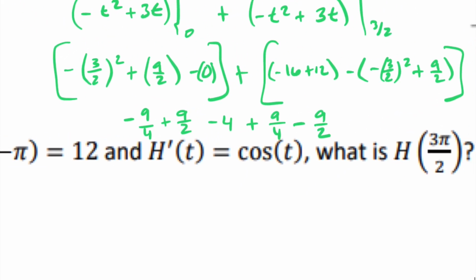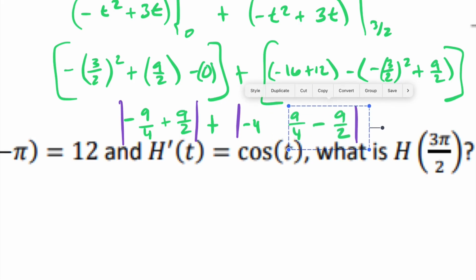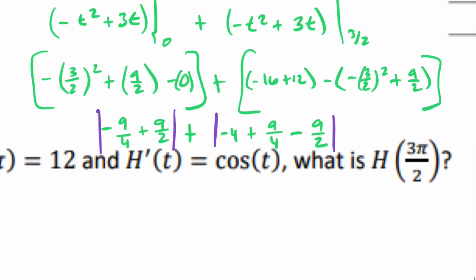But we want to make sure that whatever value this is, we take the absolute value. In this case, we are going to add the absolute value of these items when combined. So negative 4 plus the 9 fourths minus the 9 halves.